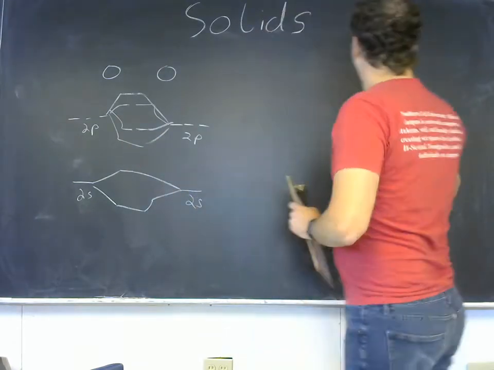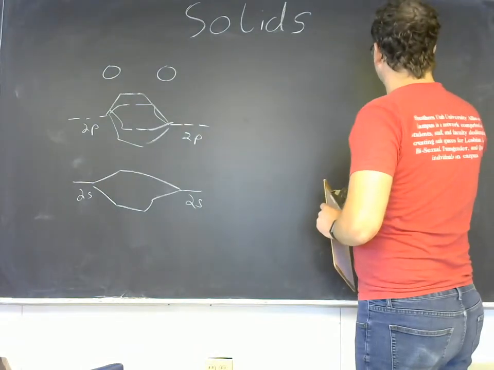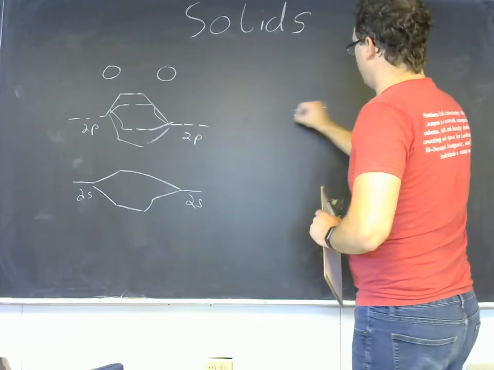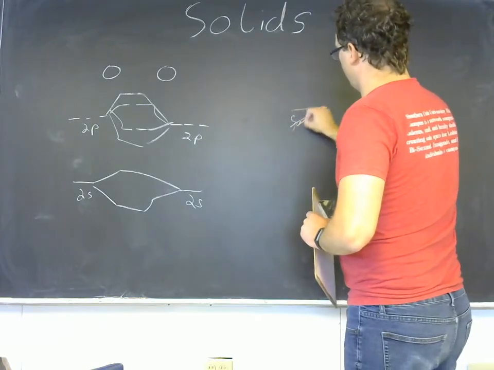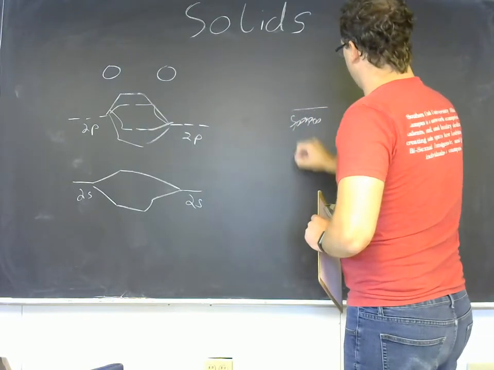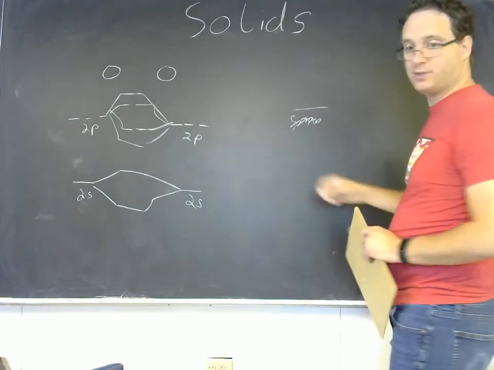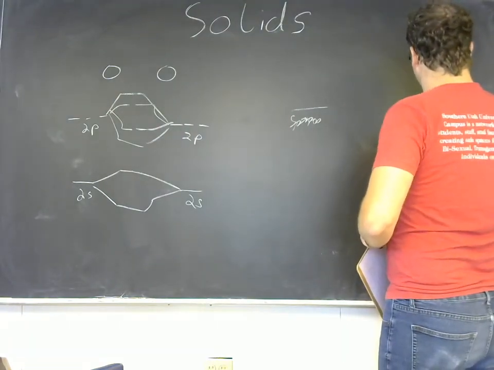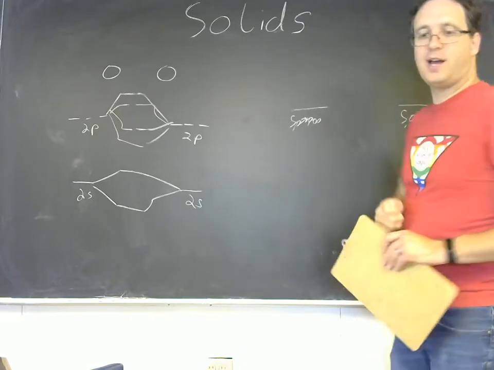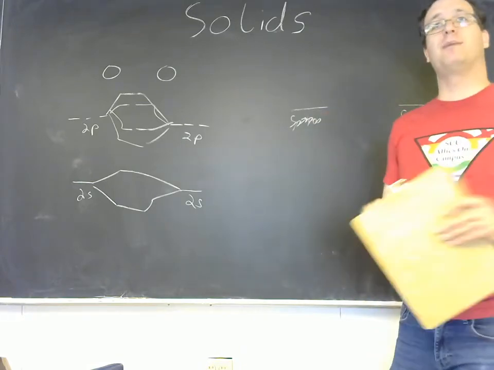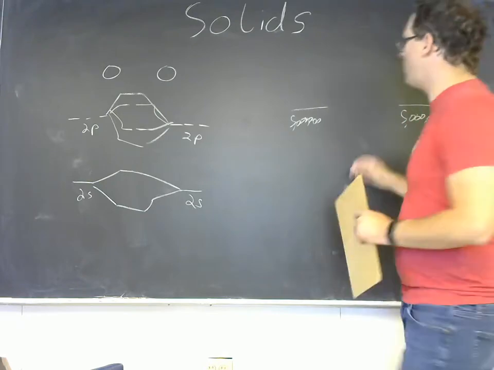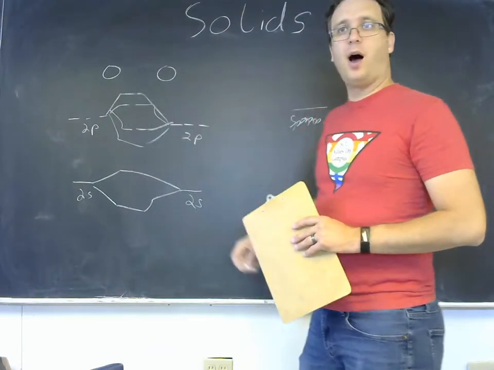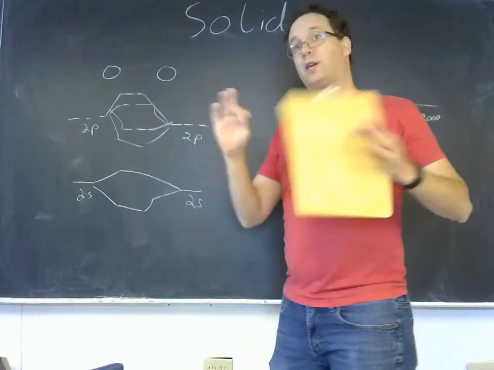Instead of just these two splitting a little bit, you'll have 5 million energy levels on this side and 5 million energy levels on that side, because you have so many bonding partners involved, and they're not just going to produce 8 or 10 molecular orbitals.